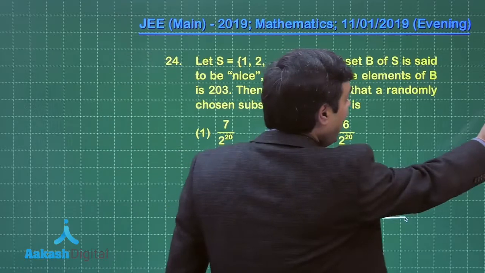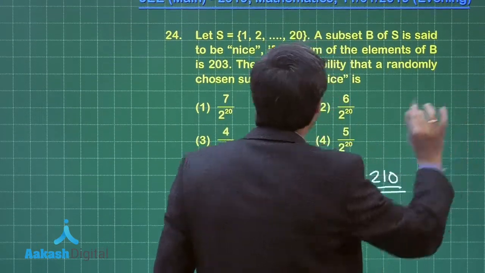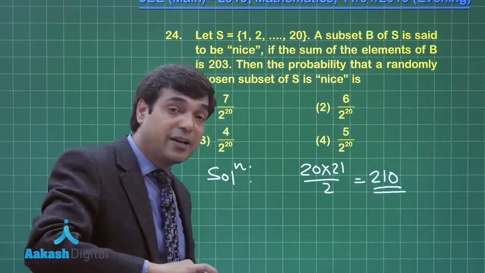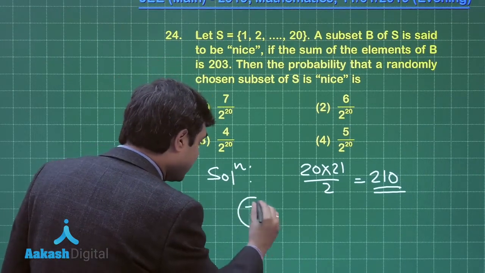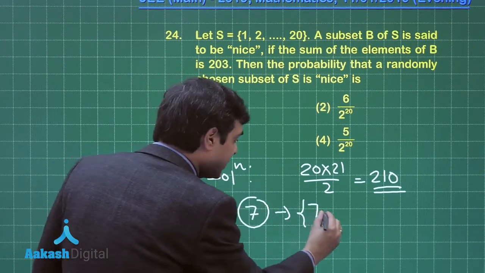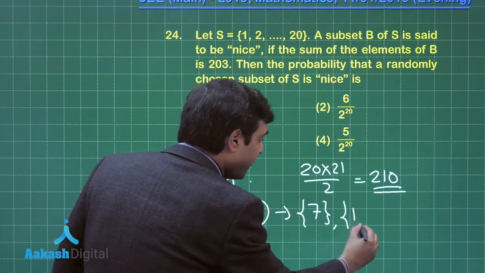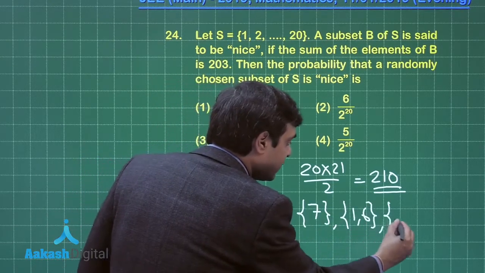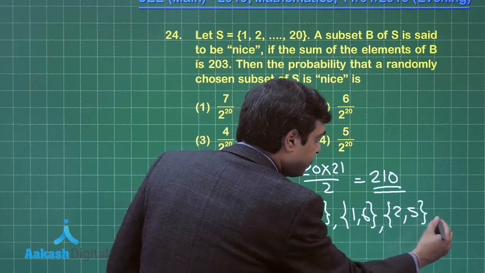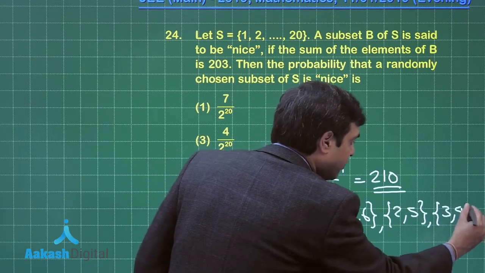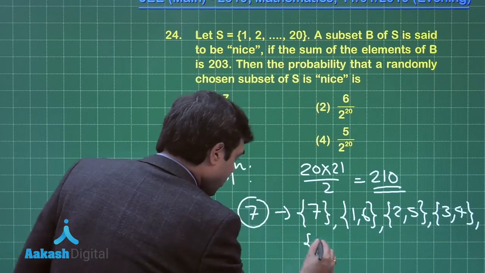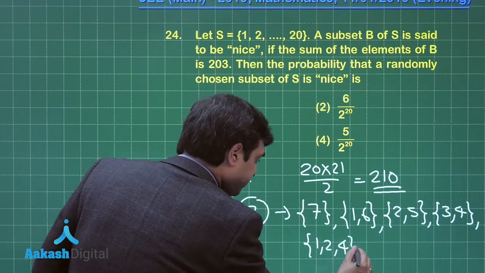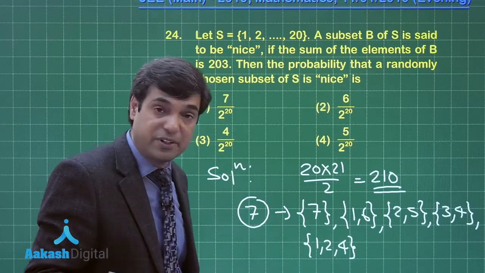Let's see, when you have a sum of elements as 7, that is other than 203 out of the total 210. So sum 7 you can see is obtained as you have the single element 7, you have elements like 1, 6, 2, 5, 3, 4, or you have elements like 1, 2, 4, that's it, because repetition is not there.